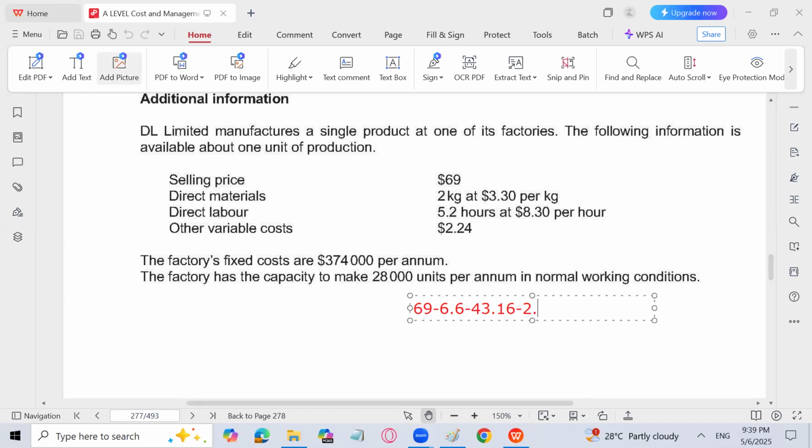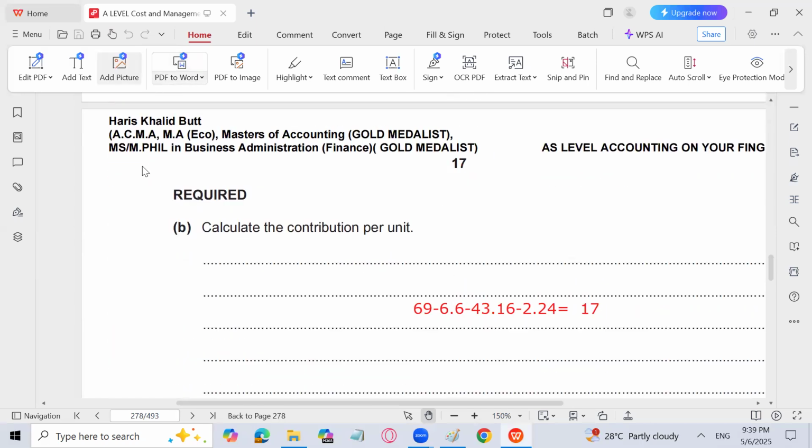And minus 2.24, which is the other variable cost. So 69 minus 6.6 minus 43.16 and minus 2.24 gives 17. 17 is the contribution per unit.